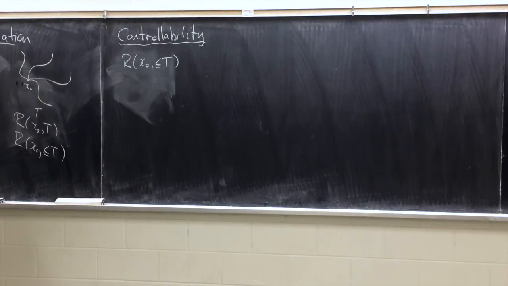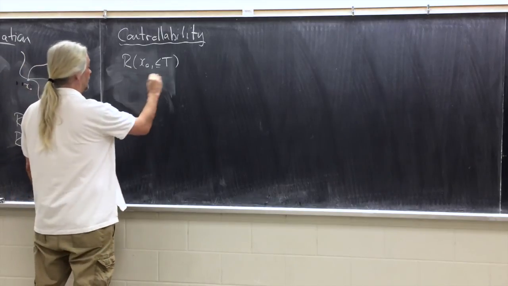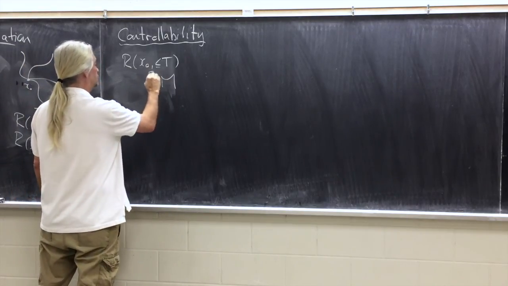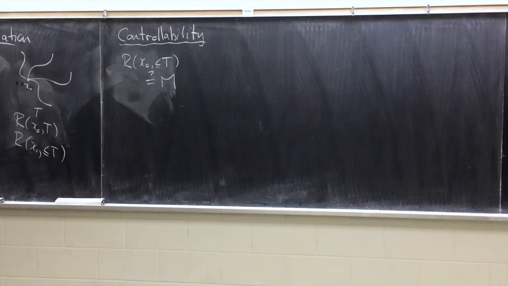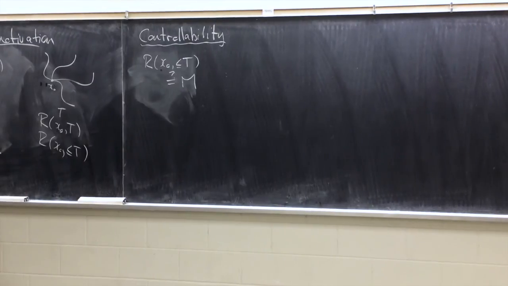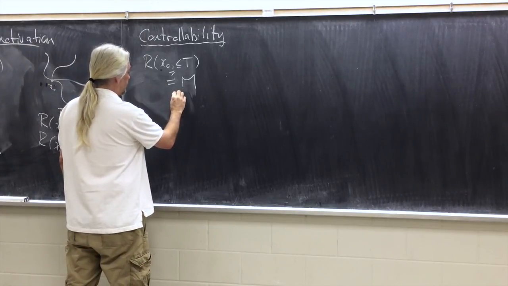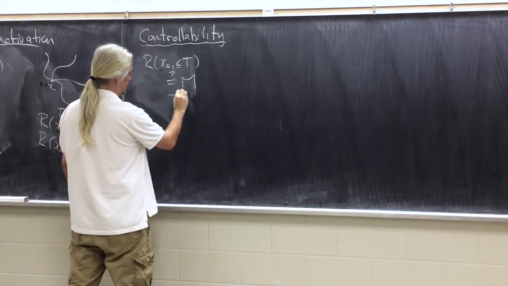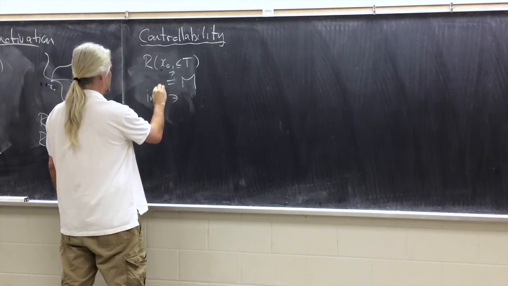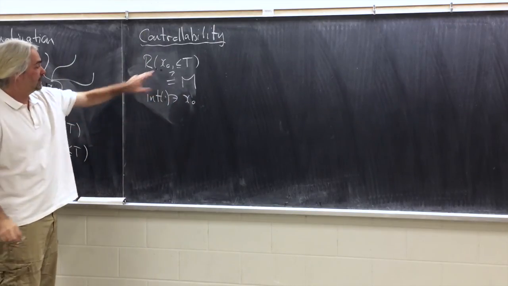So what does that look like? Some properties of reachable sets might include things like, a very, very basic one: is the set of reachable states from x naught in time T equal to all of M? You've got some sort of global controllability. Another kind of thing would be, does x naught lie in the interior of the reachable set?